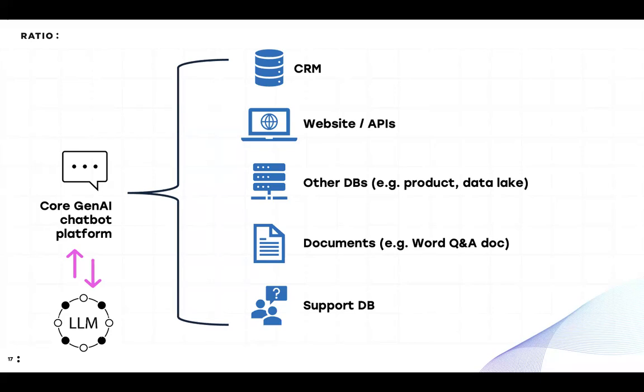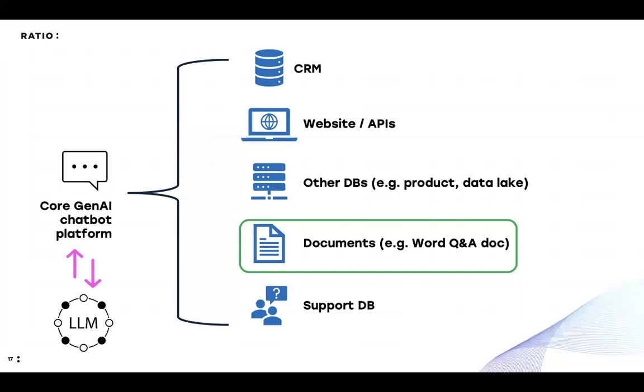With the support database, the all-in-one platforms tend to provide some AI functionality like that out of the box. If you don't have that, then documents is probably your best starting place. Literally just compile a list of Q&As or commonly asked questions, FAQs, into a Word document, the kind of thing you don't mind people self-servicing online. That's often the simplest way to start. It's really quick, and you can get it up and running really swiftly.